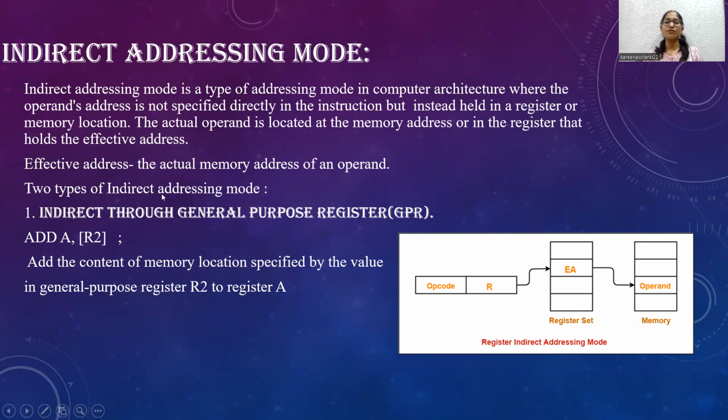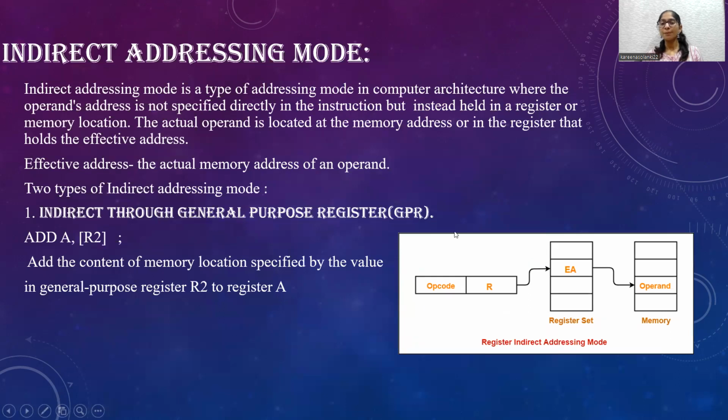There are two types of indirect addressing mode. The one is indirect addressing through general purpose register. Let us have a look at the example ADD A, R2, where it adds the content of a memory location specified by the value in the general purpose register R2 to register A.